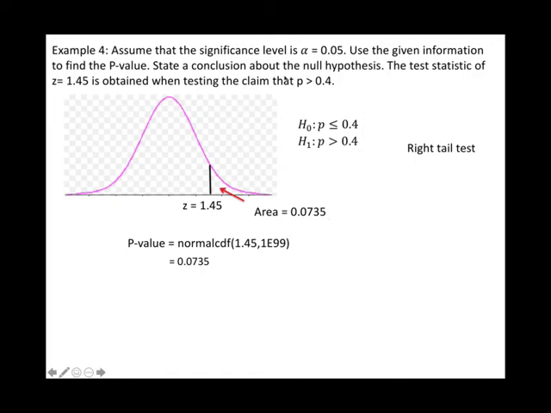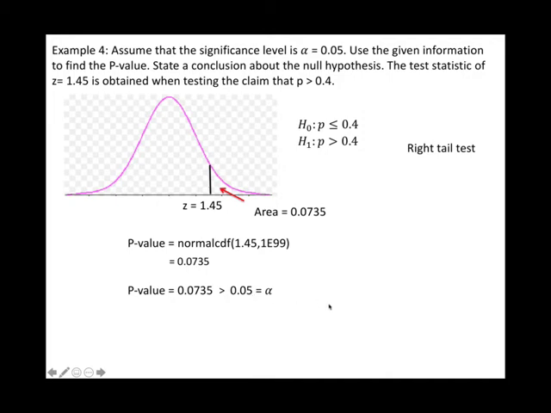And now we need to draw the conclusion about the null hypothesis. So we're going to compare with your significance level. Compare these two numbers: should it be less than or equal to, or greater than? Remember how to compare decimals, digit by digit from left to right. So I have 0, 0, 7, and 5. So 7 is greater than 5, right?